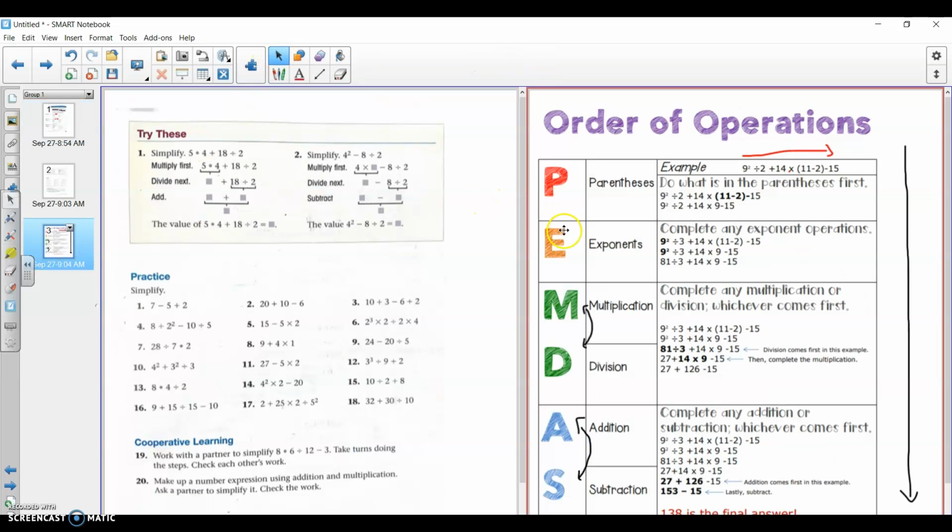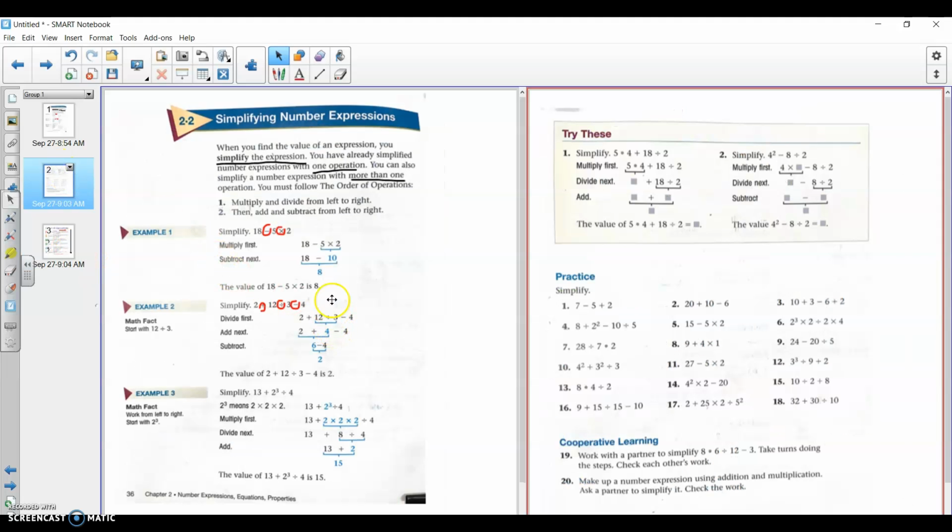I'm looking, I have no parentheses, I have no exponents, but I did have a division. And I also had addition and subtraction. However, my division comes before the addition and subtraction. So let's start there. Division, 12 divided by 3, and I'm going to get 4.